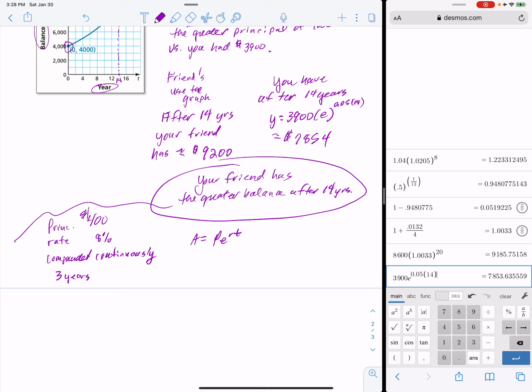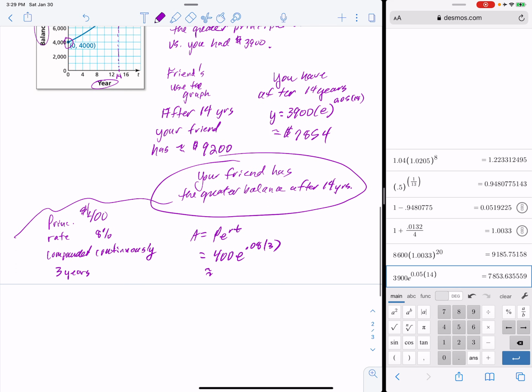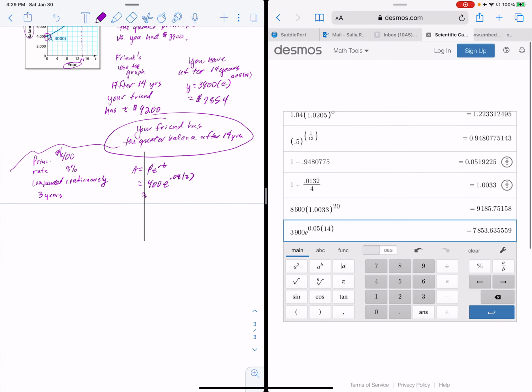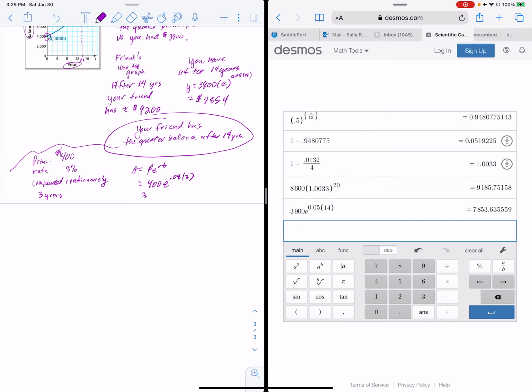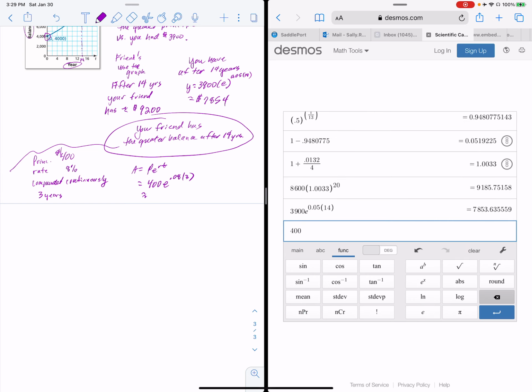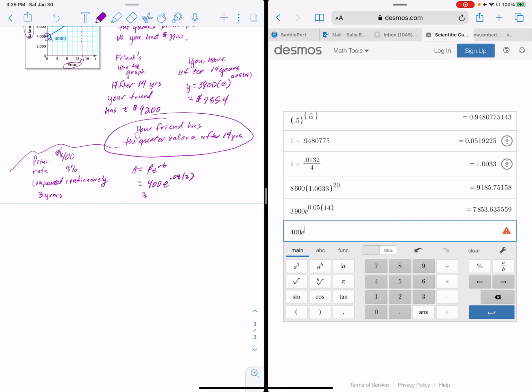So what's in the account after 3 years, and you would be plugging in, change your percent to a decimal, and then evaluate that. So you have to do that, I think, in one of your problems. So 400, and then in this one, if I hit function, there is an e to the, and then I can go back to main, 0.08 times, oops.